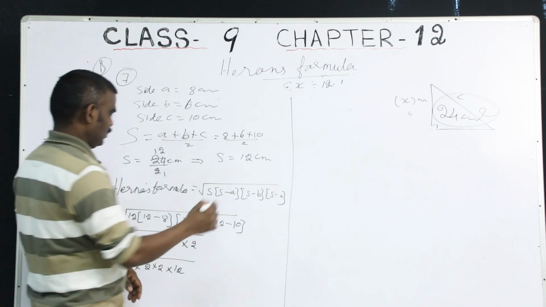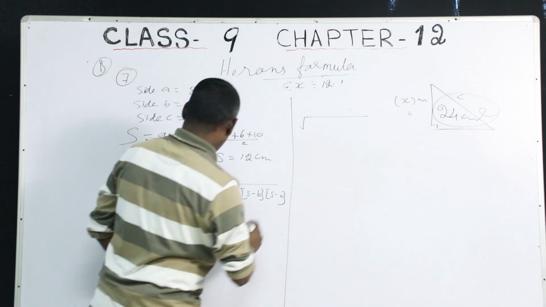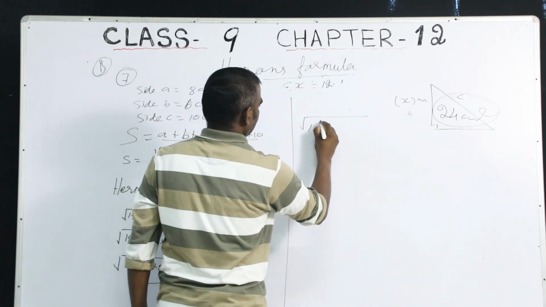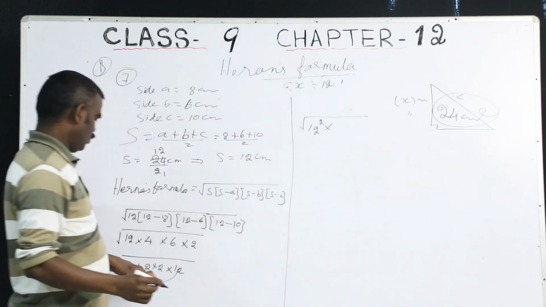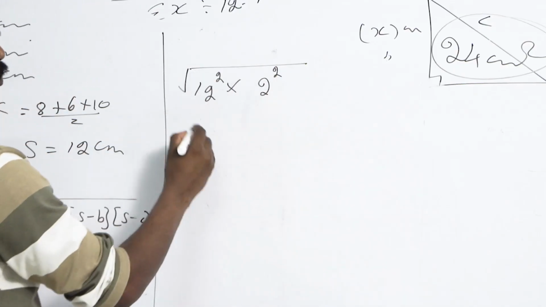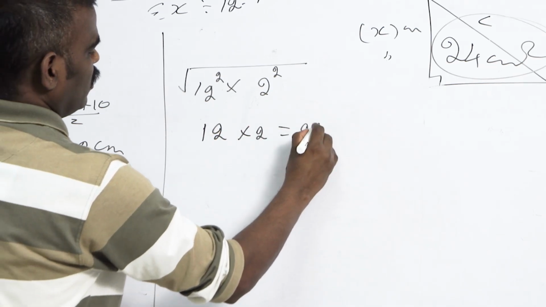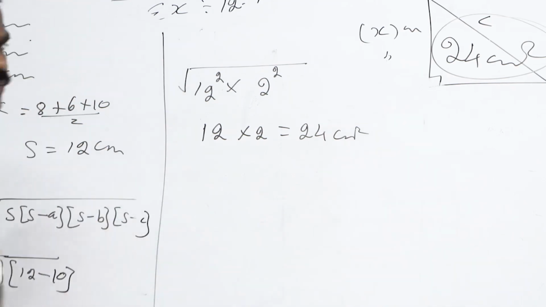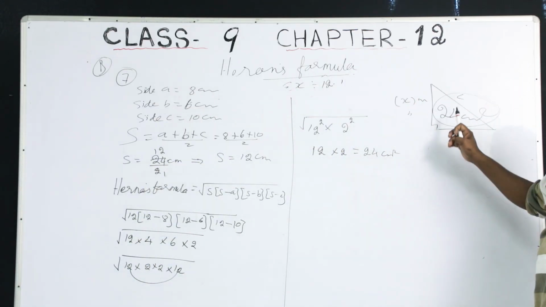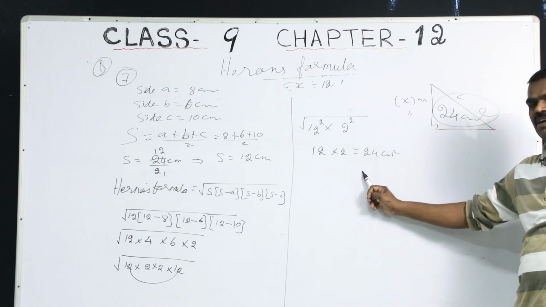Now, shall I write 12 into 12, these two together, 12 square into 2 into 2, how much? That is 2 square. Square root cancels, 12 into 2, how much? 24 centimeter square. Yes, we have done it. Area of the triangle is 24 centimeter square, as already given in the textbook, and we have already proved it.